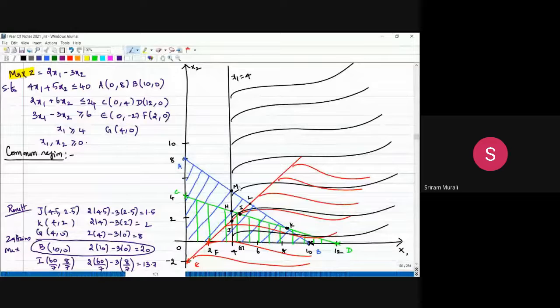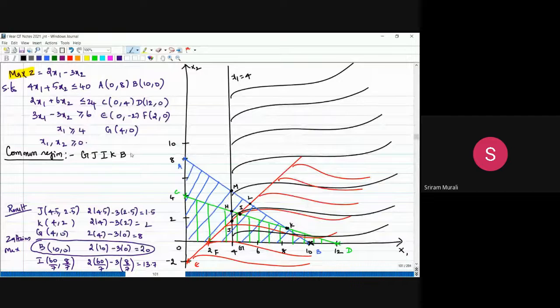Okay. Now, can you tell me what is the common region? G, H, and then I. Great. GJILKB, sir. G, J, I, K, that's it, KB. So this is my common region.